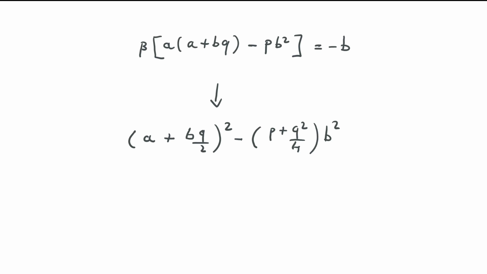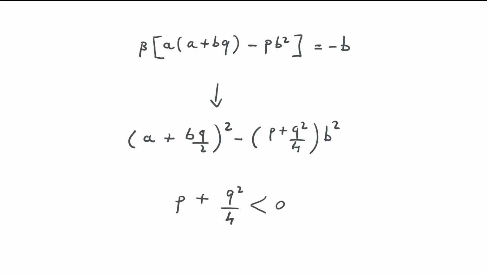So if I set p plus q squared divided by 4 as being negative, then given that I have a minus sign already, I will obtain for this equation something which is always positive. And it cannot be 0. It cannot be strictly 0. Why?